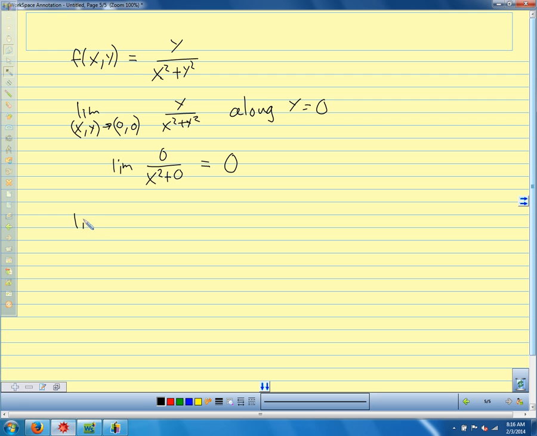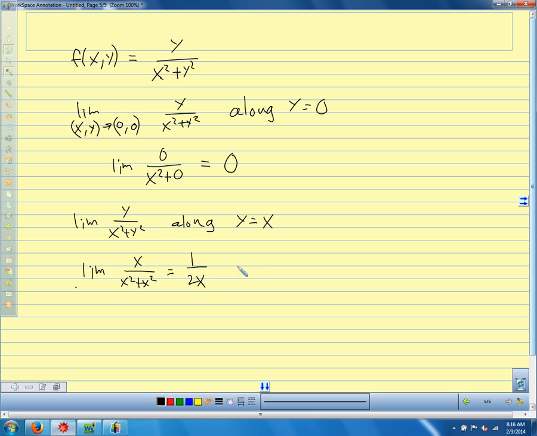Now let's look at the limit of y over x squared plus y squared along y equals x. So I get the limit of x over x squared plus x squared equals 1 over 2x.